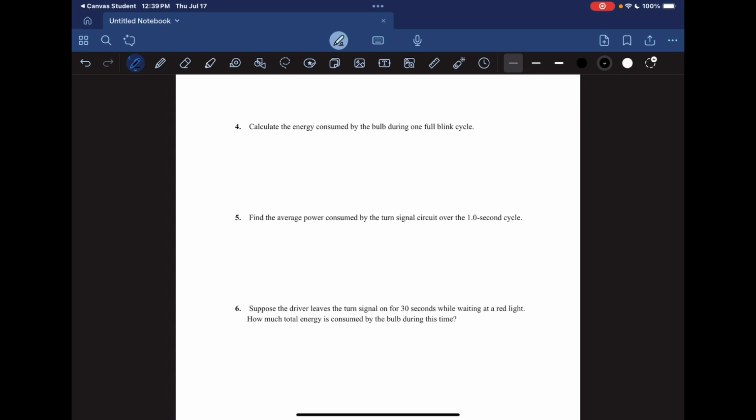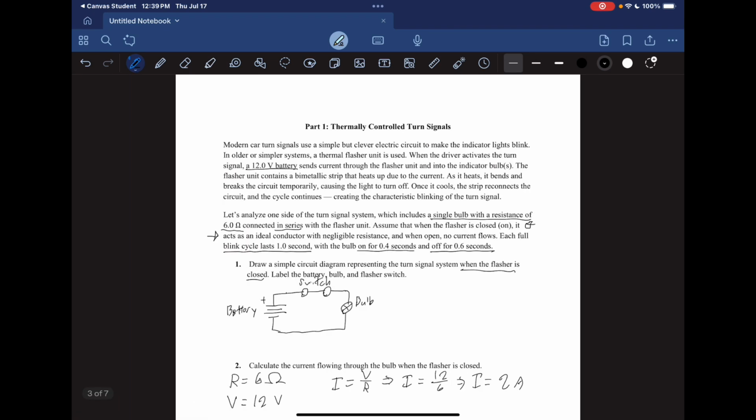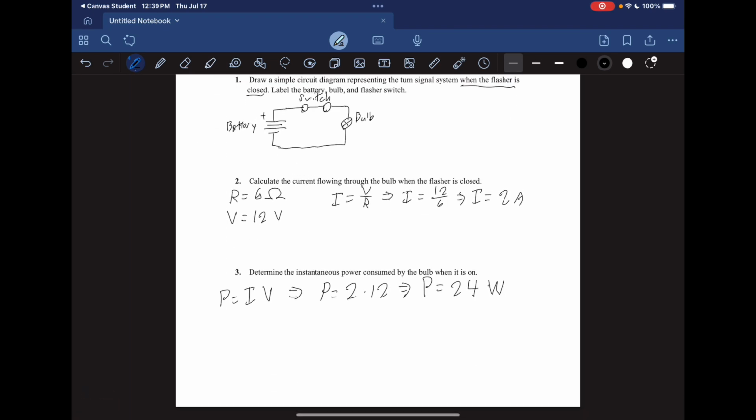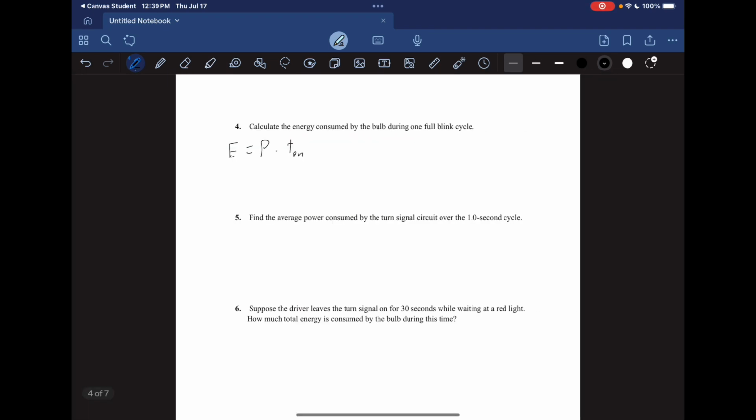Okay, so question 4 now. It asks us to calculate the energy consumed by the bulb during 1 full blink cycle. You'll remember that energy is equal to power times the time that the bulb is on. So we go back to the values we have. We know that our power is 24 watts. I'm going to write that up here.